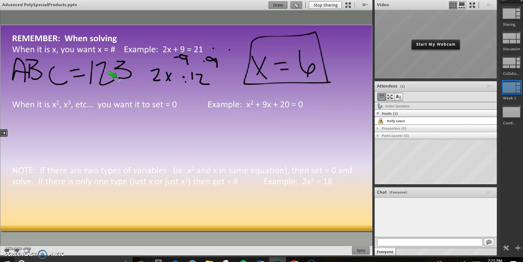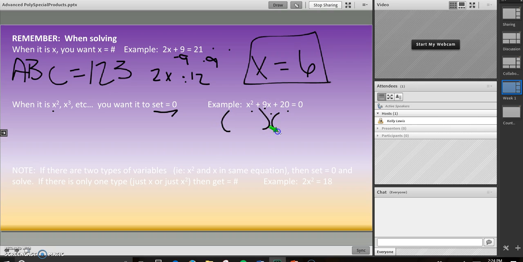When it's x squared or x cubed or whatever, and there's more than one type of x, you need to set it equal to 0 and solve it. So for example, x squared plus 9x plus 20, and then solve it. You can't move these guys over to the other side.